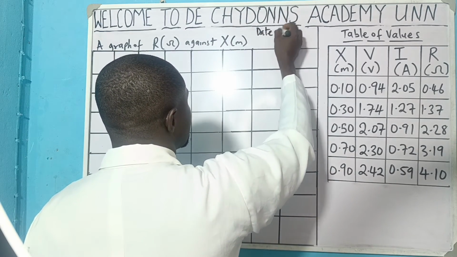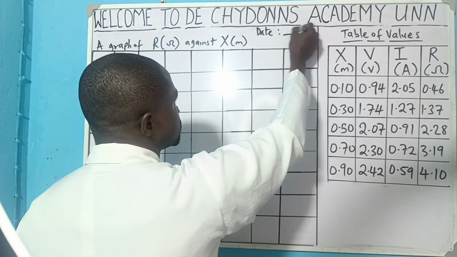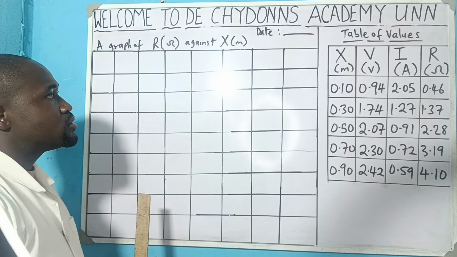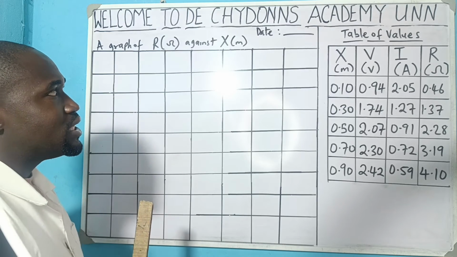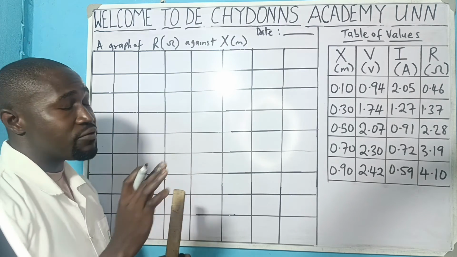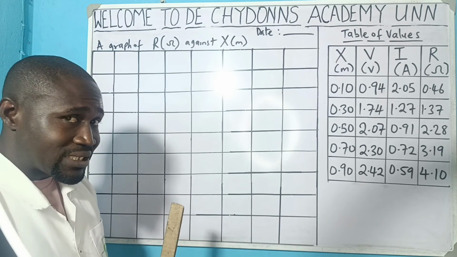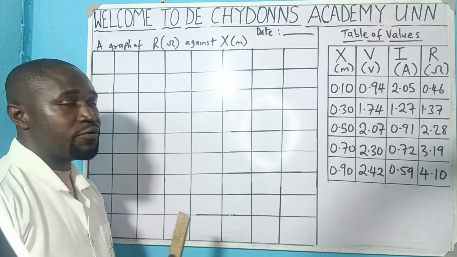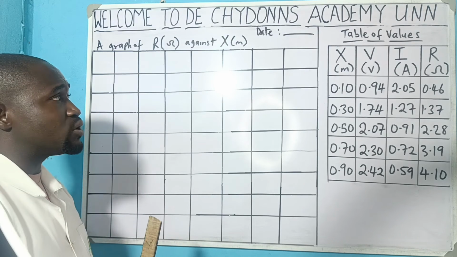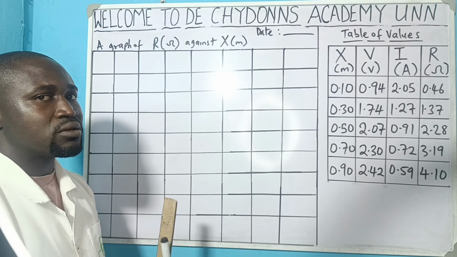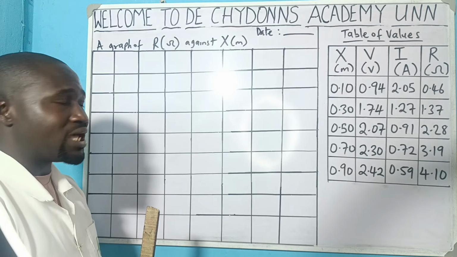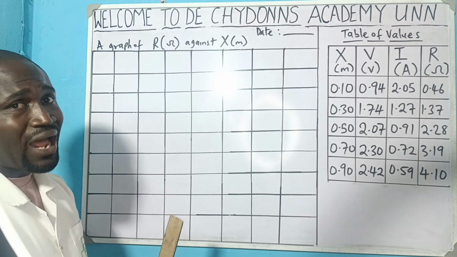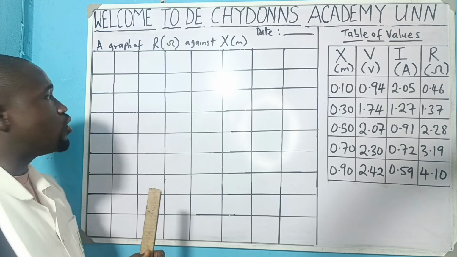Then the next thing is the instruction: plot a graph of R against X. They did not specify if we are starting from the origin or not. And so if they did not specify, plot the one you can plot. Because they did not specify, I decided to plot my own from the origin.